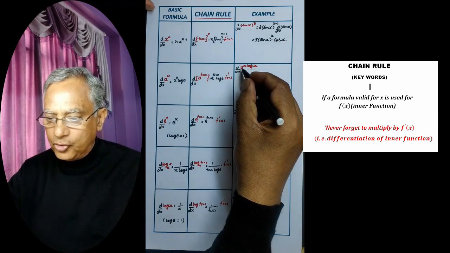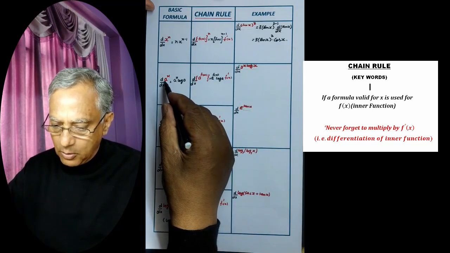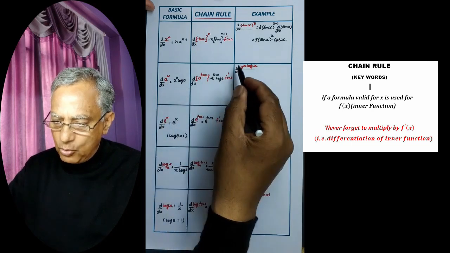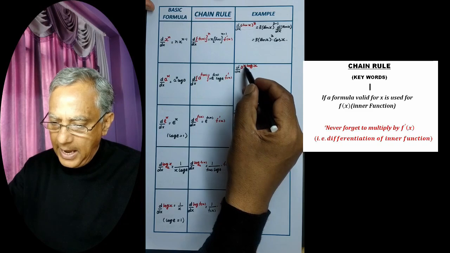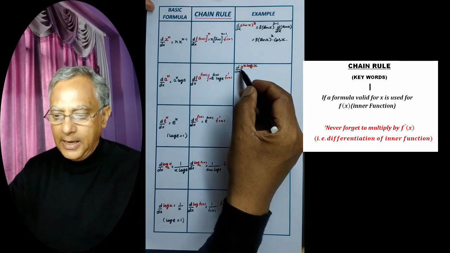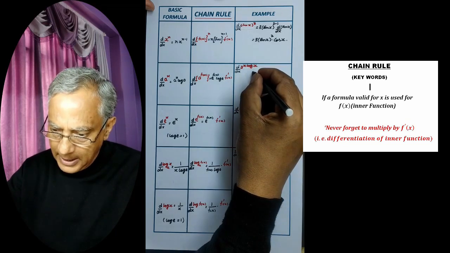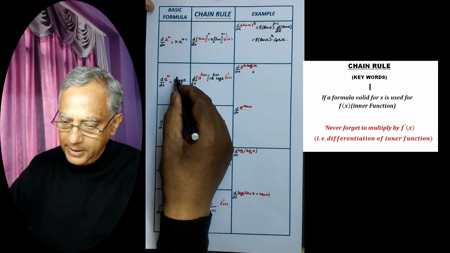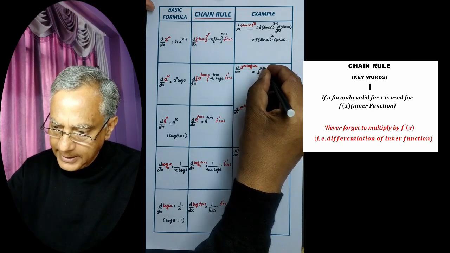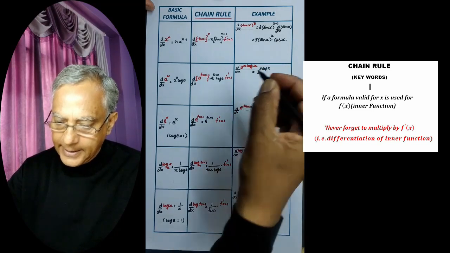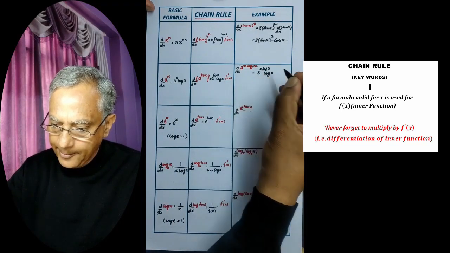Next is d by dx of 3 to the power of x log x. Now in this formula we have a equal to 3 and f(x) is x log x. So we will apply this formula. This will be a to the power of f(x), that is 3 to the power of x log x, into log a.